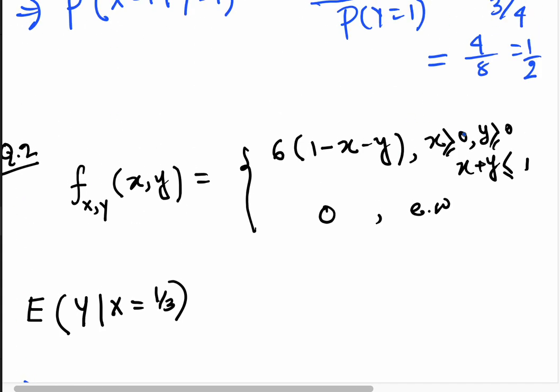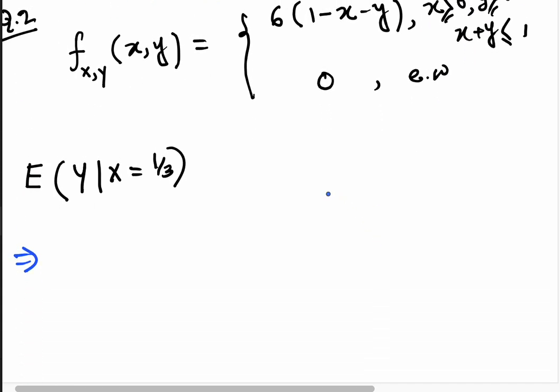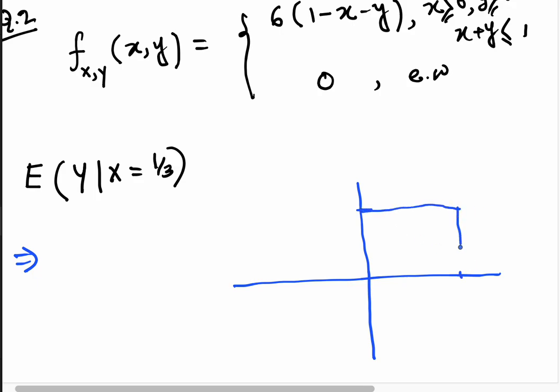So in which region? If we draw it, the probability is non-zero only in this lower region.